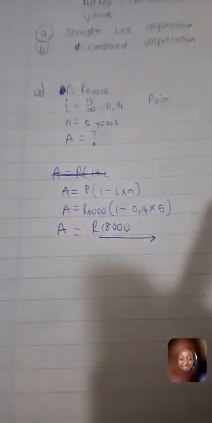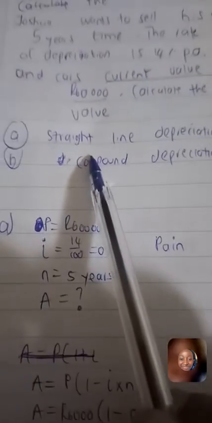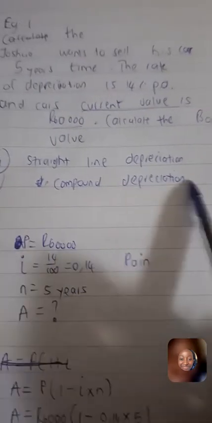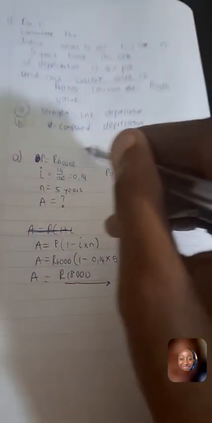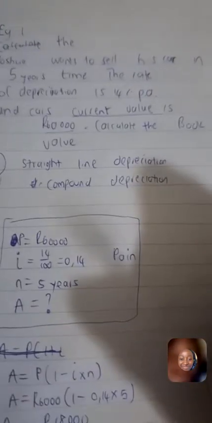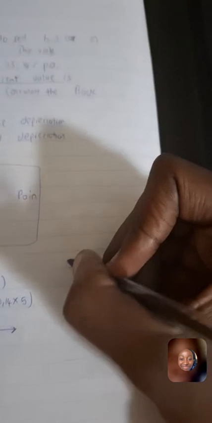Second question, answering the same way. Now we need to find the same but for compound depreciation. So we have our collected information, no problem. But this time around, what formula would we use? The compound depreciation formula. Yes, which is?